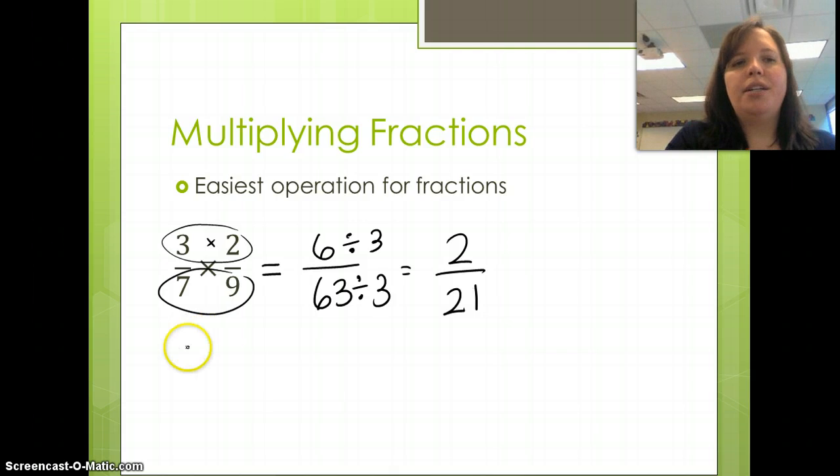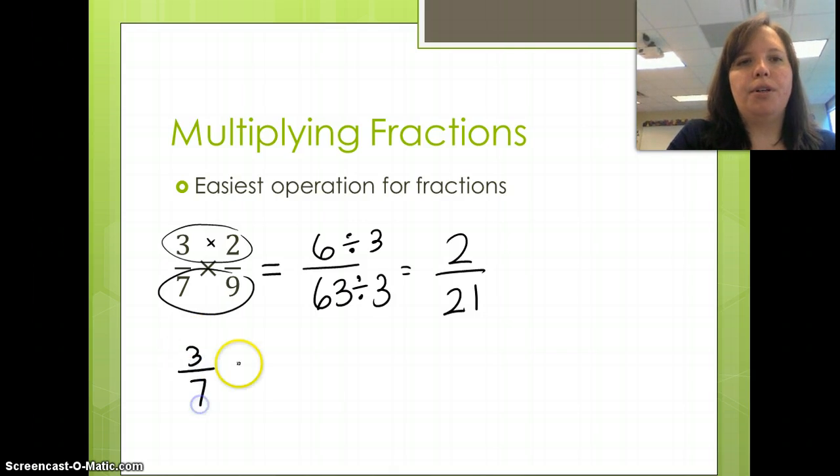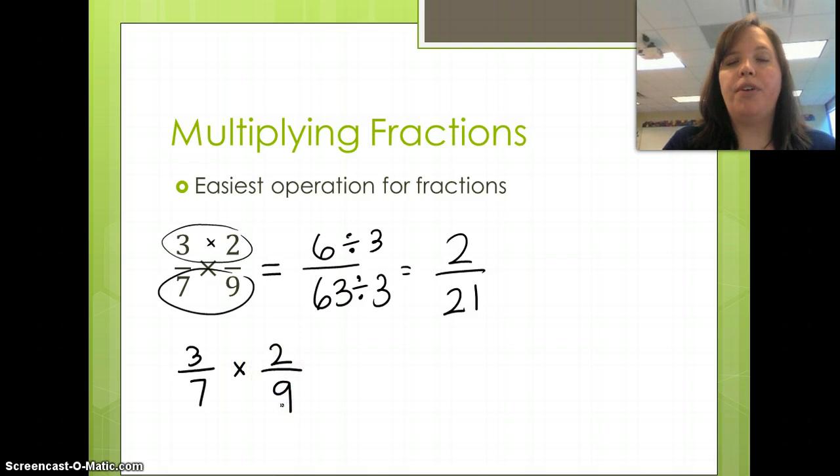The other thing you can do, and you may remember giving this an actual name, is you can simplify first. And simplifying first involves cross canceling, not to be confused with cross multiplying. Cross canceling is done when you say, across from each other, the 3 and the 9 both have a factor in common.